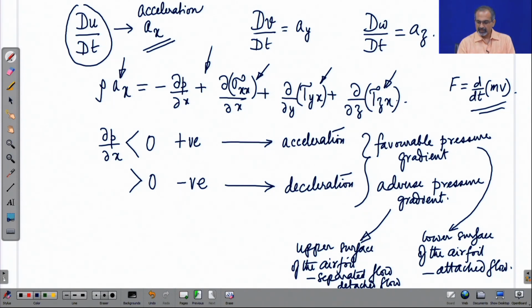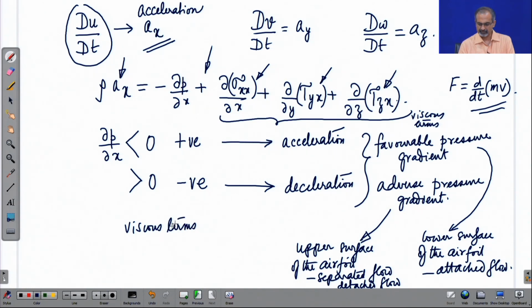Always remember that the viscous terms always resist the flow, because they are playing the role of friction, which opposes the state of motion. So, viscous terms decelerate the fluid element always.